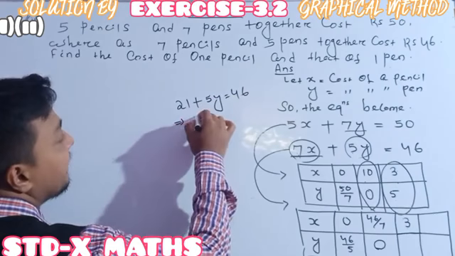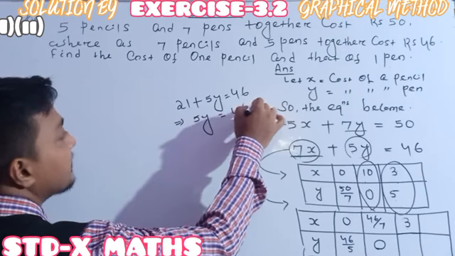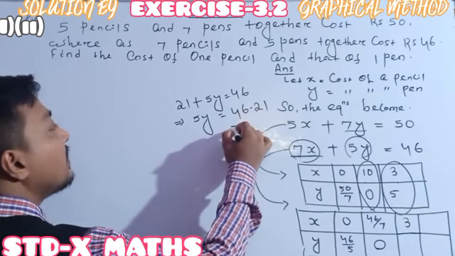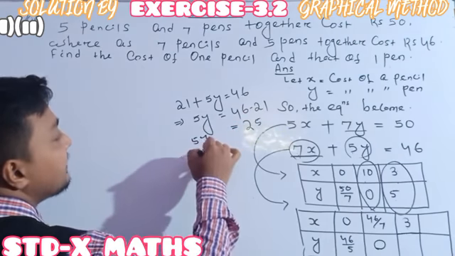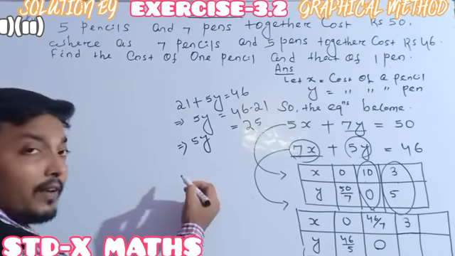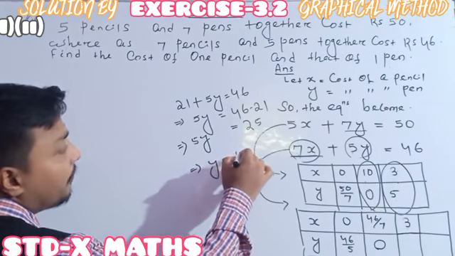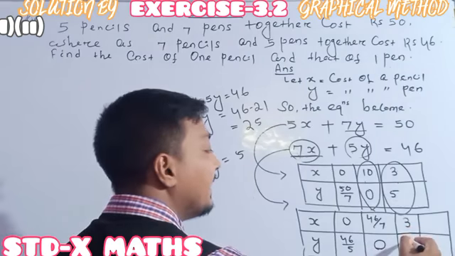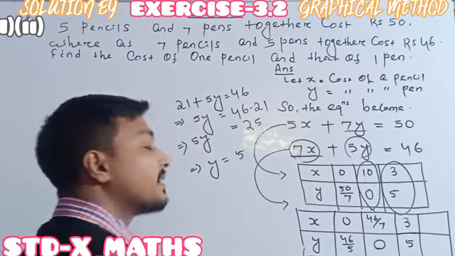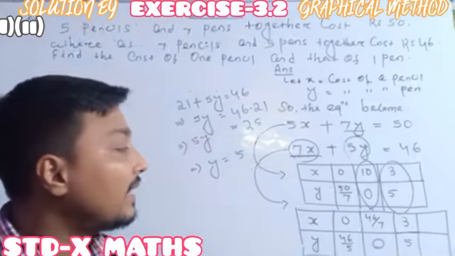On solving, 5y is equal to 46 minus 21, which is 25. So 5y is 25, which implies y is 5. So here we are getting the point (3, 5). Whenever the x coordinate is 3, the y coordinate will be 5.